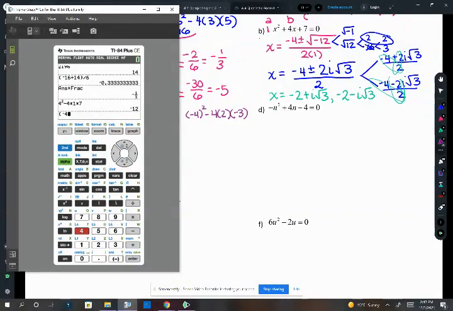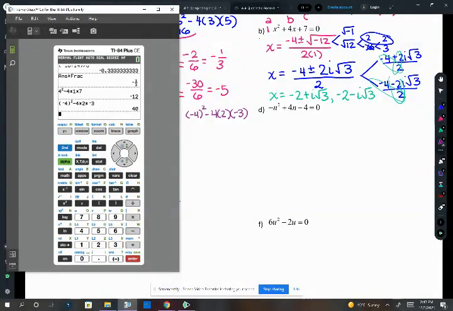So we've got -4 squared minus 4 times A times C. And be careful that that C is a negative, so we're putting in a -3 and not the minus sign. Same thing with that 4. This is a minus in between, not a negative sign. If you put in a negative sign, it's going to give you the wrong answer.